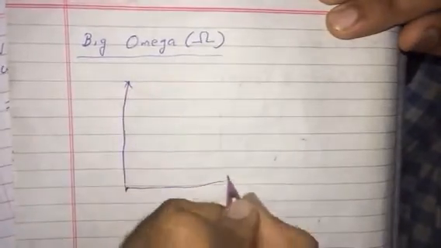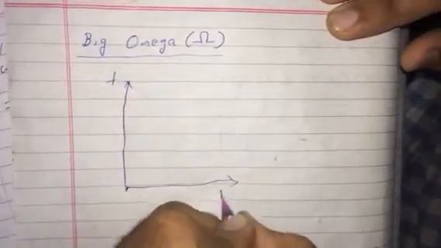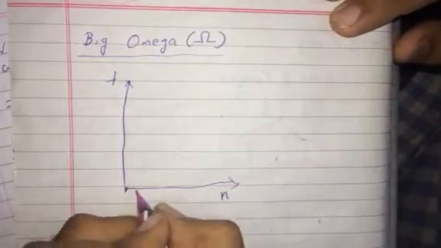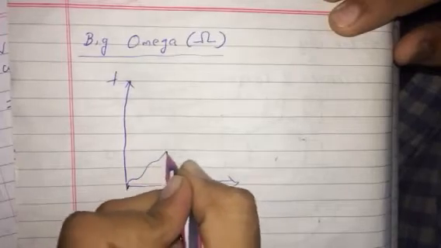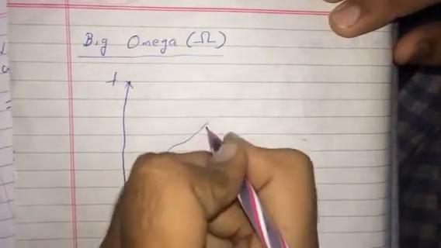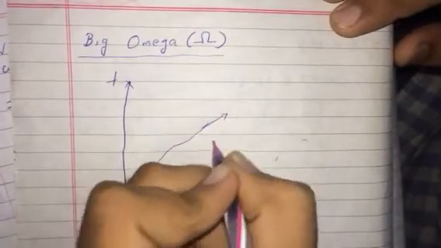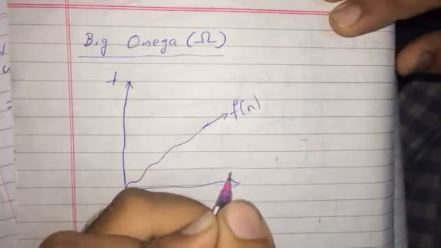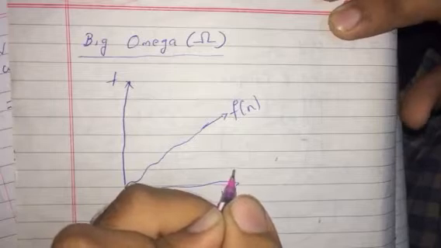Time, data. Now what are we supposed to do? If your function output time increases with the number of data, consider it as f of n. Now the thing is reversed.